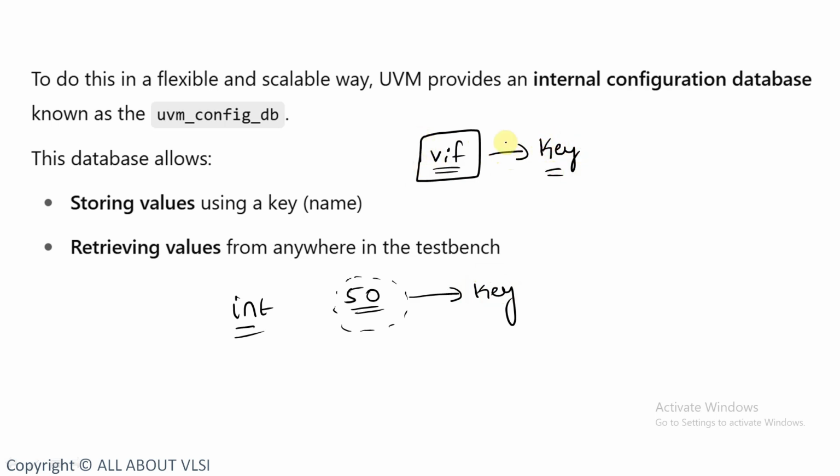So every data item or transaction item stored in the database has a corresponding key associated with that particular variable or transaction handle. Whichever component retrieves this data item should also provide the same key. The sender should use the same key as the retriever, so that only they can access the data.